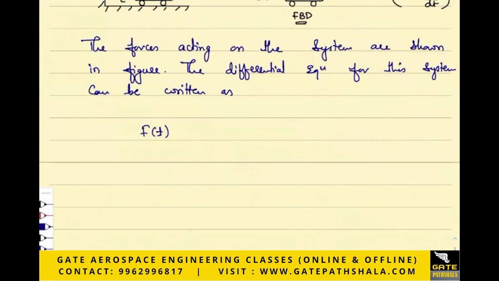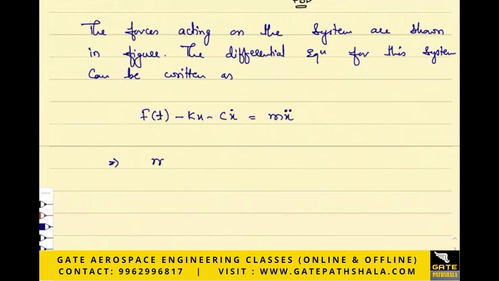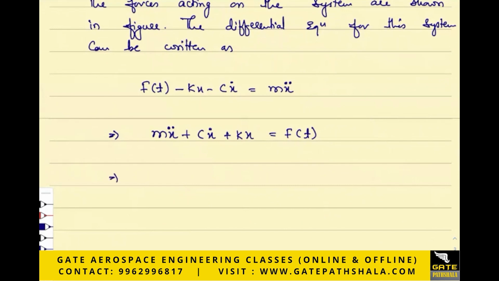the force equilibrium: F of t minus kx minus cx dot equals m x double dot. This implies m x double dot plus c x dot plus kx equals F of t. If I divide throughout by mass, what do I get? x double dot plus c by m x dot plus k by m x equals capital F of t divided by m.